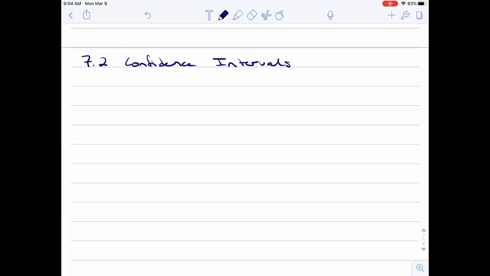We actually use confidence intervals a lot in everyday life, right? So if I asked you, how long is this board from here to here?